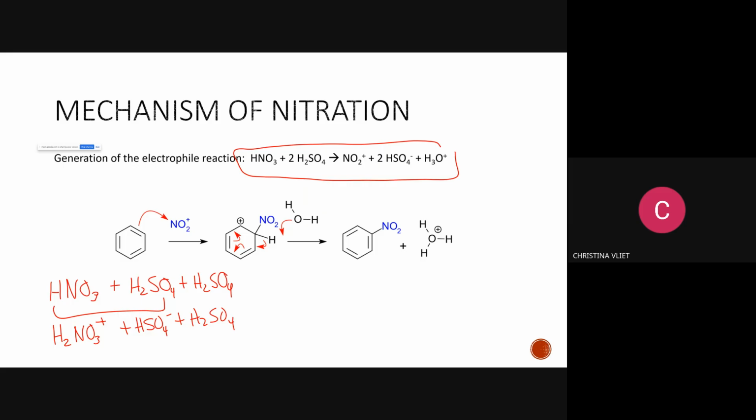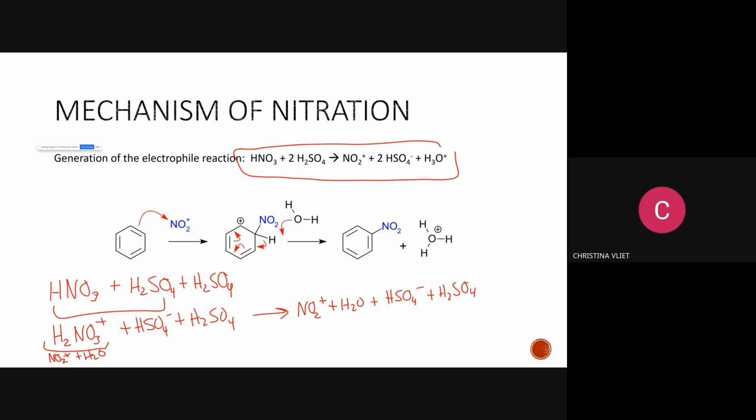It breaks apart into two products, very similar to what we do with H2CO3, and you get NO2 plus and H2O. So right now we have NO2 plus, H2O, HSO4 minus, plus H2SO4.